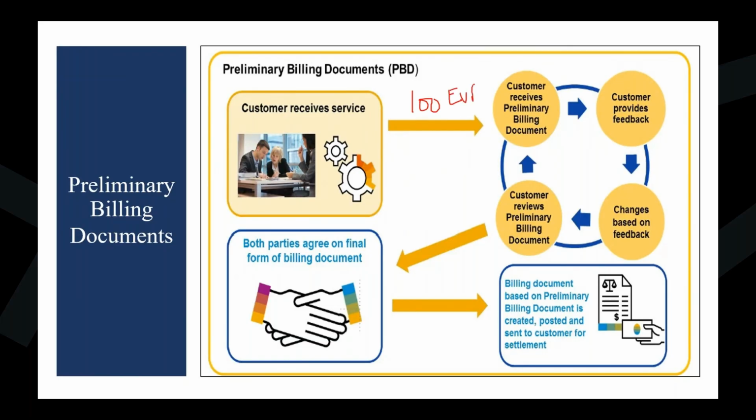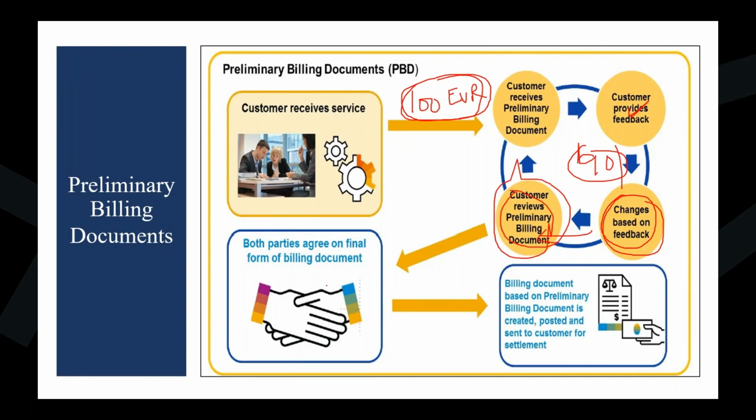But the customer provides feedback and says no, I can pay only up to €90. Based on his feedback, you change the preliminary document and give it again. The customer reviews it, and then he says I am okay. Both parties agree on the final form of the billing document.